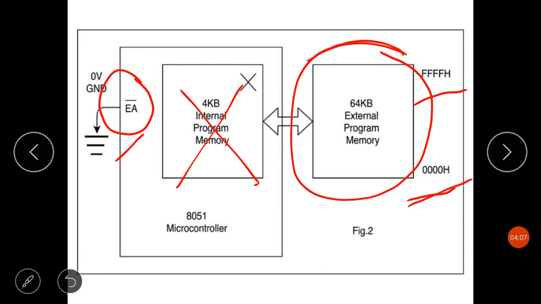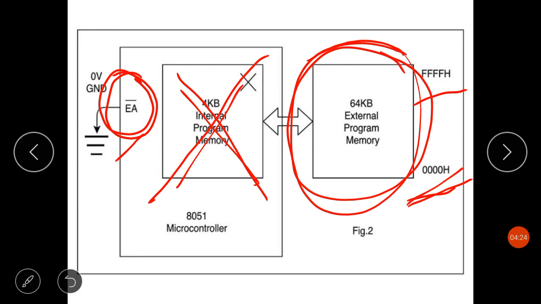This mode is selected when EA bar is connected to the ground. When EA bar is connected to the ground, we do not have any internal program memory, the internal program memory will be ignored, and there will be only 64 kilobytes of external memory having this address range, and all the instructions will be fetched from the external memory.